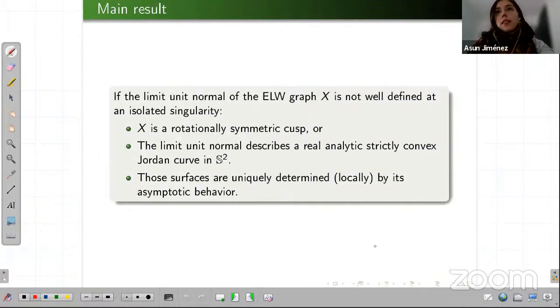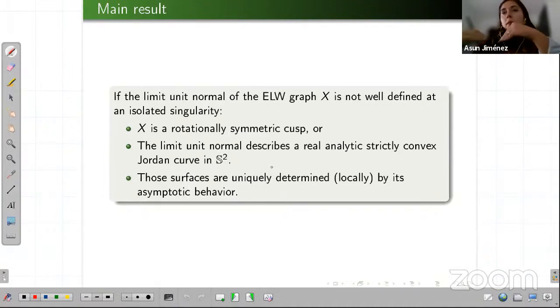So what is the result? Roughly speaking, nothing is formal here, but this is the kind of result we are going to obtain at the end of the talk. If you have an elliptic linear Weingarten graph whose Gaussian map is not well defined at the puncture, you have essentially two options. The first one is that you have a cusp which is rotationally symmetric, or the limit unit normal will describe a real analytic strictly convex Jordan curve in the sphere.